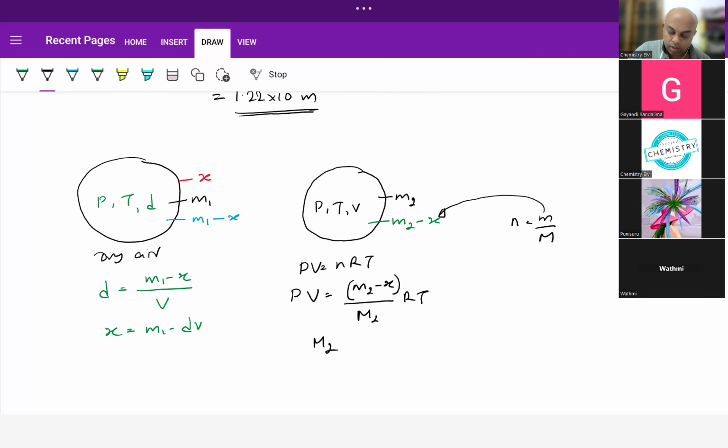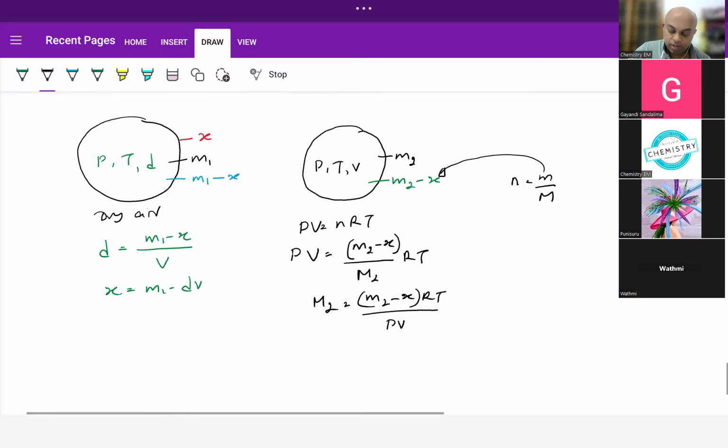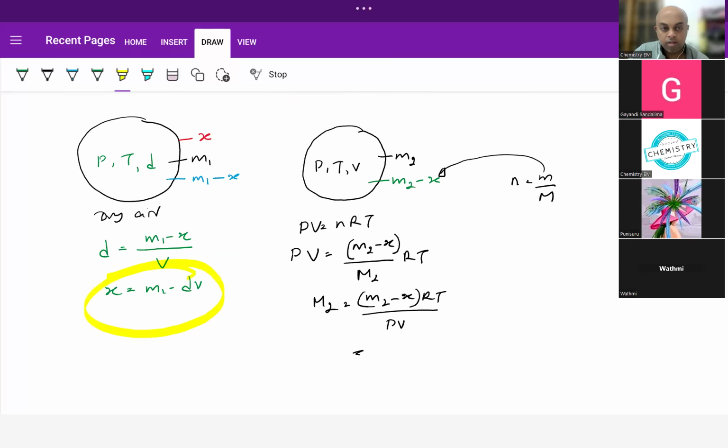Then capital M2 is equal to (M2 minus X) RT divided by PV. Then we know X also. X is equal to M1 minus dV. That is from the first equation. This is X, which we have calculated. So I will substitute X here.